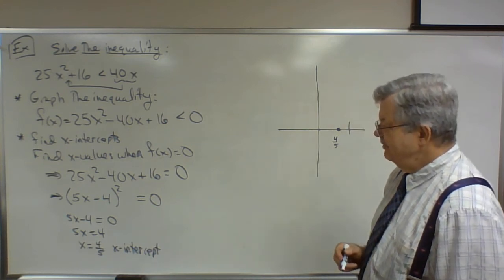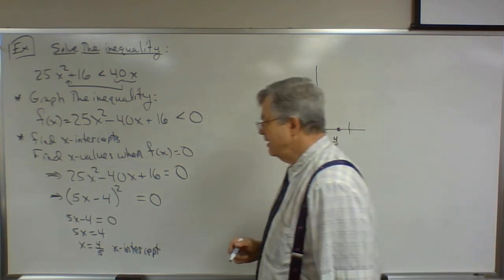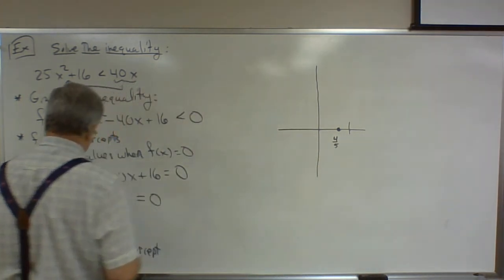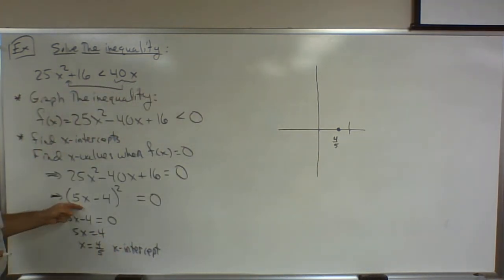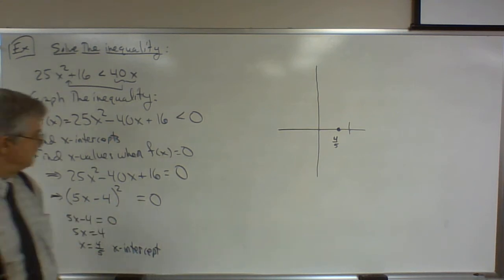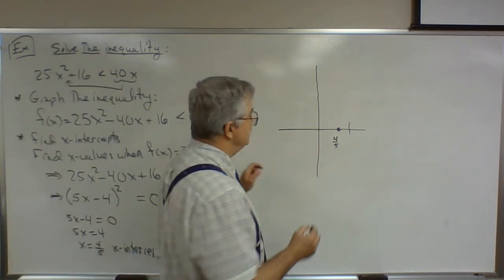One thing is, this is our function rewritten. f of x is 5x minus 4 quantity squared. So f of x is a perfect square. And it's equal to 0 when x equals 4/5.